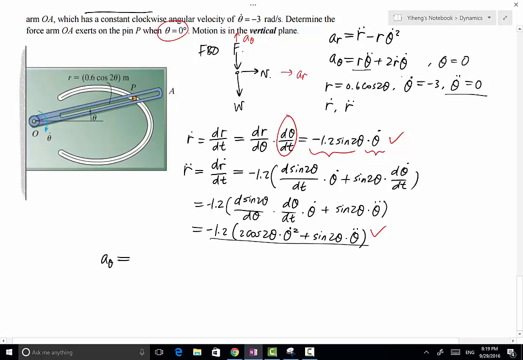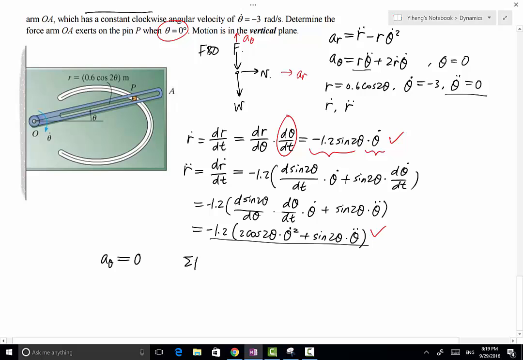So this is always 0. And then this equals 2 times r dot theta dot. Don't forget, r dot equals negative 1.2 sine 2 theta. When theta equals 0, sine 2 theta equals 0. So in this case, a_theta simply equals 0.